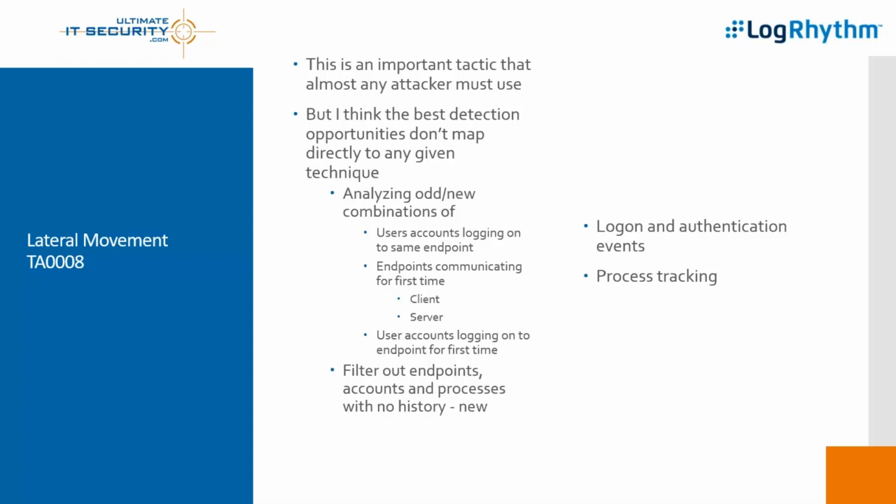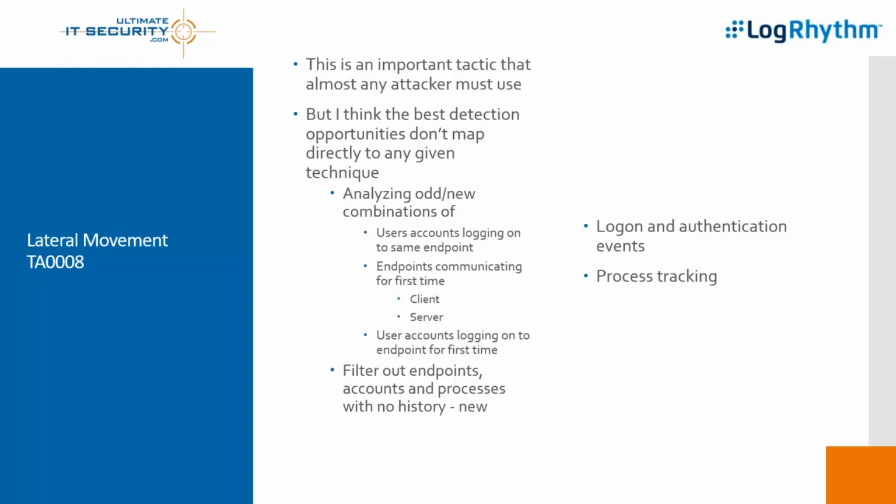Now, one of the important things with all of these is that we're only going to be able to make these reliable detections if we limit our analysis to entities that have history. So in all cases, we only want to know about new combinations between a set of entities who all have some history. What am I getting at here?